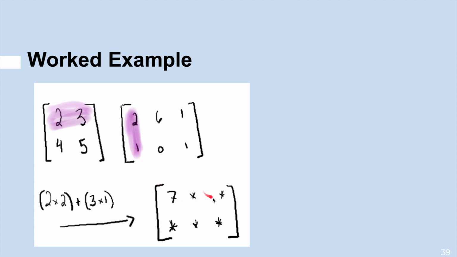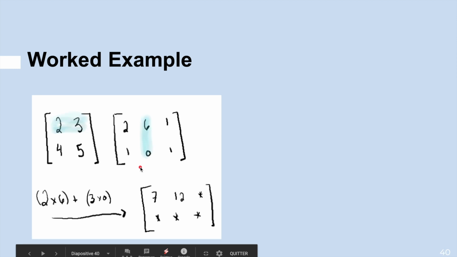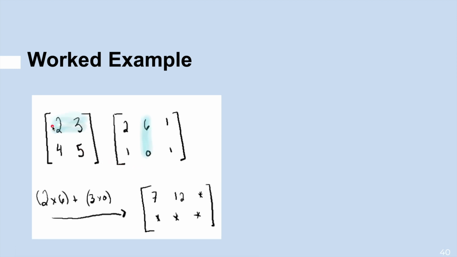Now for the other ones, I put stars because we don't know them yet. Now we just move on. We keep on moving down the columns. So here I have row 1. I need to do the multiplication for this column, this column and this column so that I can find all three answers. I do the exact same thing.